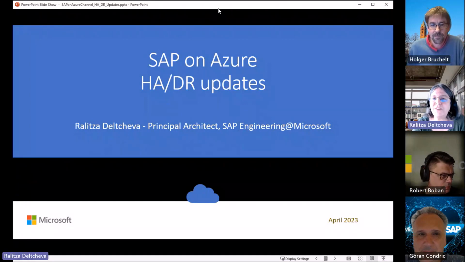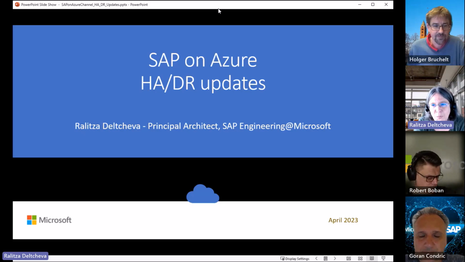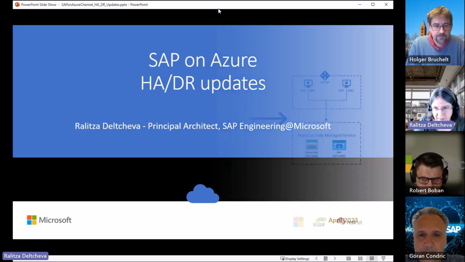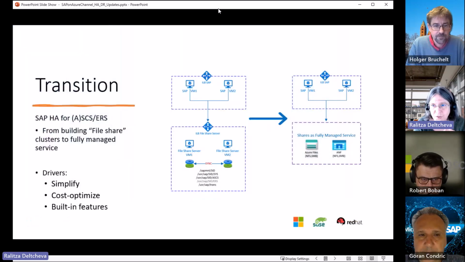So as you mentioned earlier, Holger, when we think about high availability for SAP in general, it's all about protecting the single points of failure in the system. And in an SAP system, there are several points which need to be protected with HA constructs.